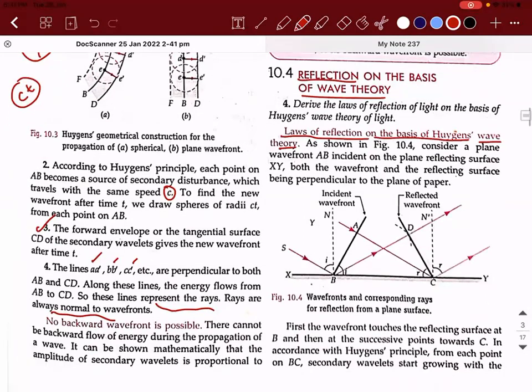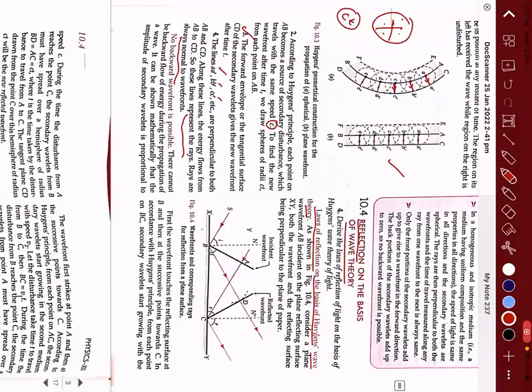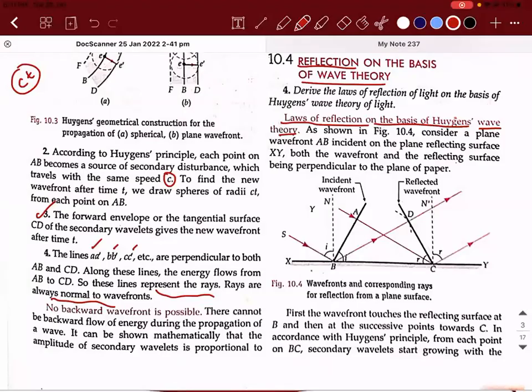See, what we will do is consider two parallel rays falling on a reflecting surface XY, with both the wavefront and the reflecting surface being perpendicular to the plane of the paper.